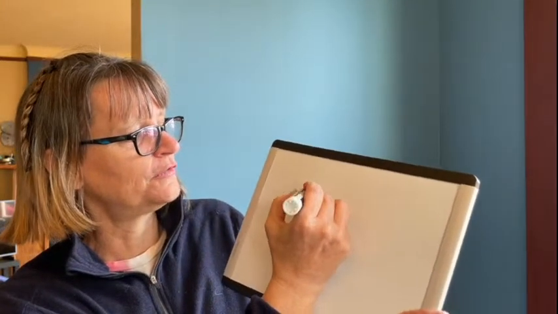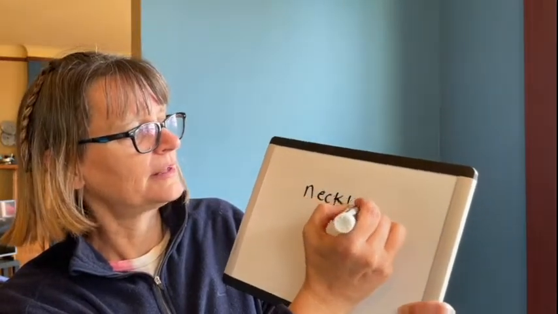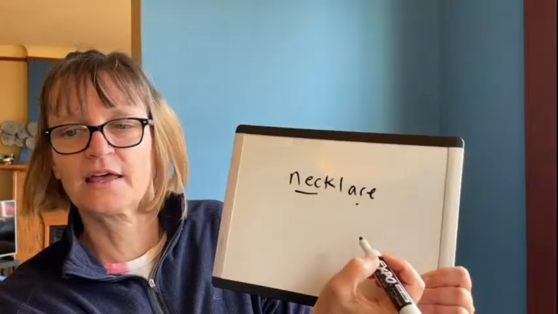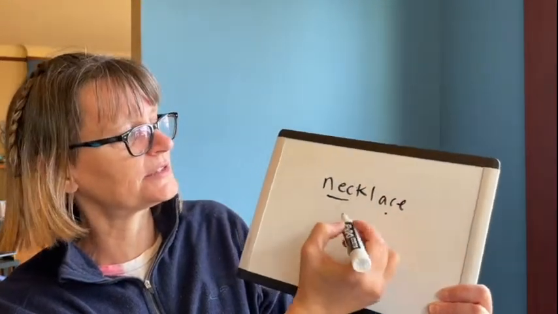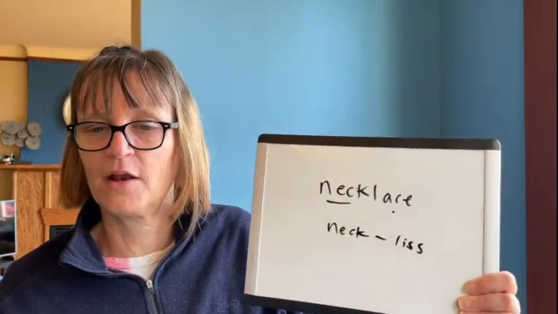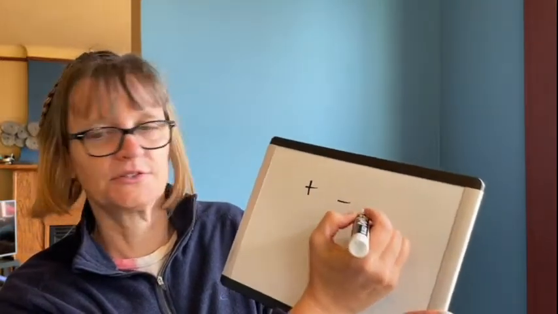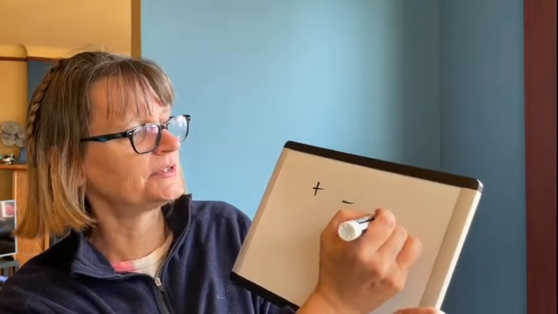Last question, last two questions. We have "necklace." So for the word "necklace," two syllables, not "necklace," but just "necklace." And then we had a question about math operations, so pronouncing plus, minus, and times.